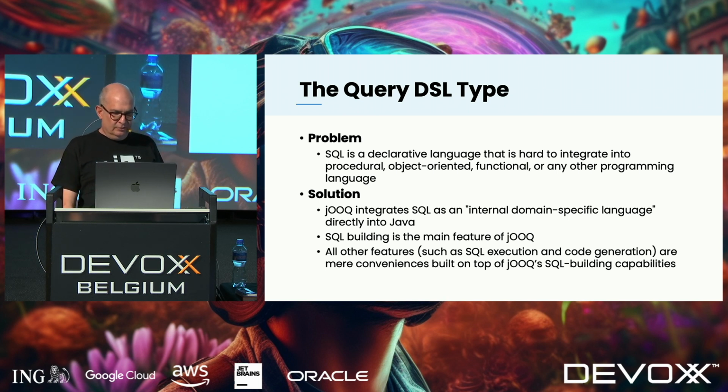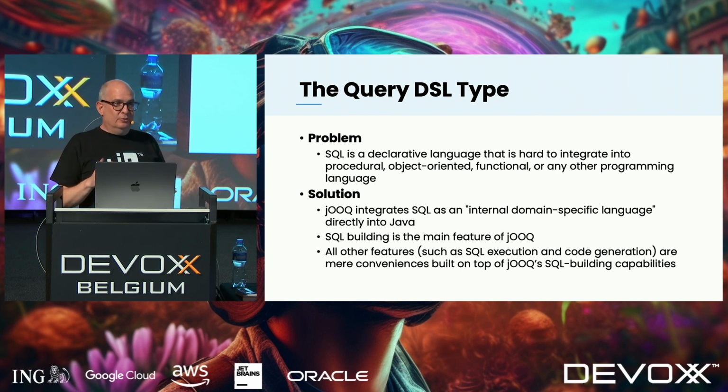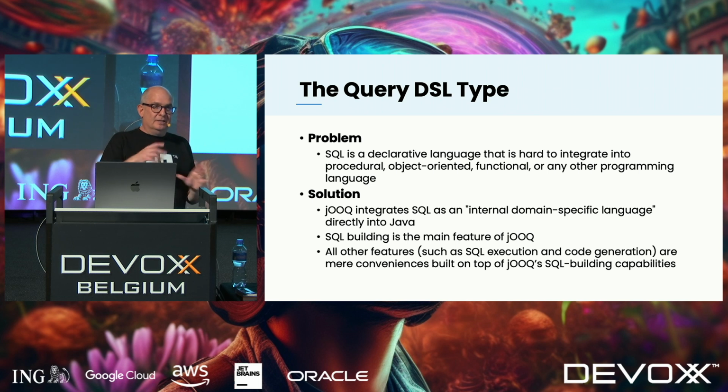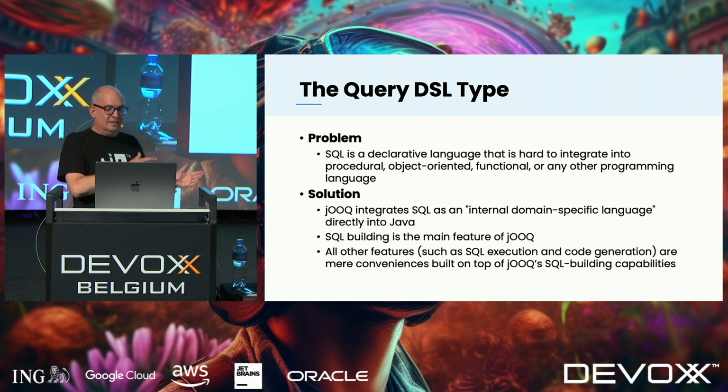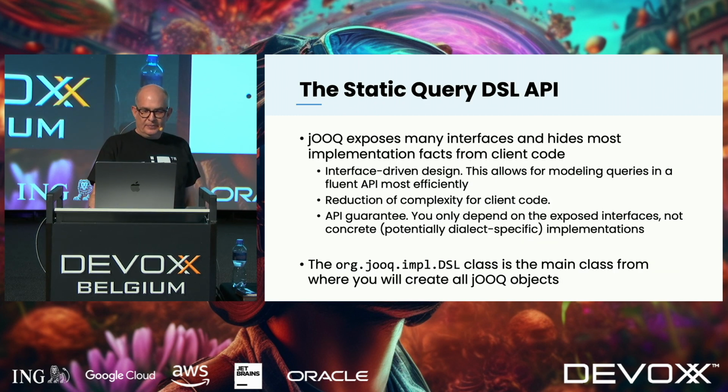By the way, you can use this DSL also without the generated code. So if you don't like the code generator, then you can just use the names of the tables and the columns instead of the constants that I've shown you before. But I wouldn't recommend that because you lose the compile time checking for sure.